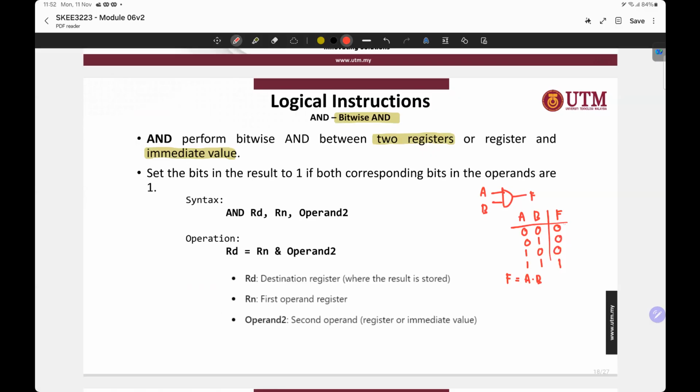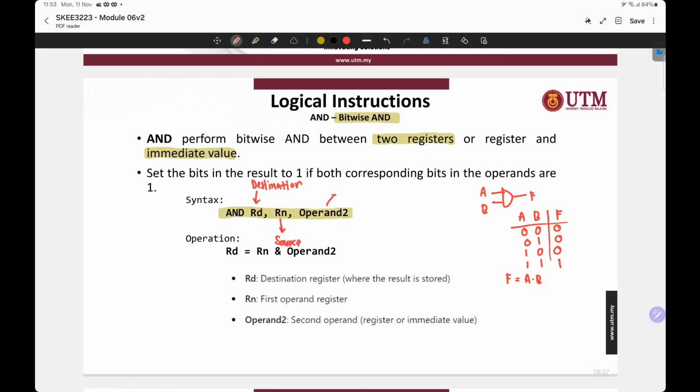And in terms of the syntax, the syntax for the logical AND is AND. So you have the AND here, RD, RN, and operand 2. RD is the destination register. RN is your source register, the first operand.